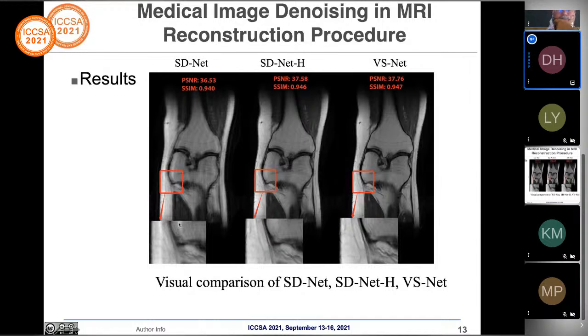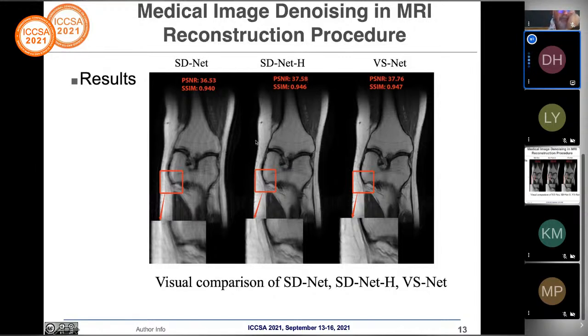For the SD.NET, we can see some gridding artifact here, but for the SD.NET HD, the gridding effect is more or less reduced. Also, the PSNR and SSIM had a higher value than the SD.NET, and compared to VSNet, DC2 is quite similar.